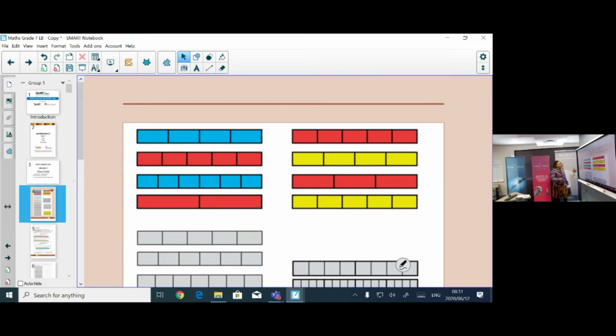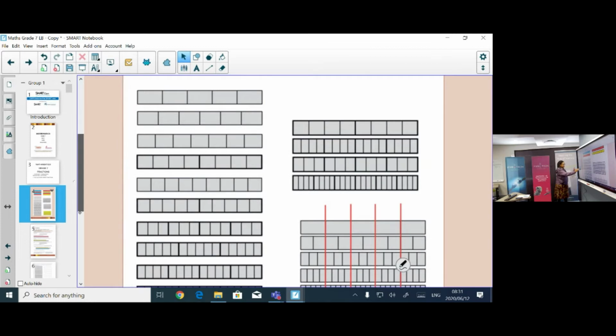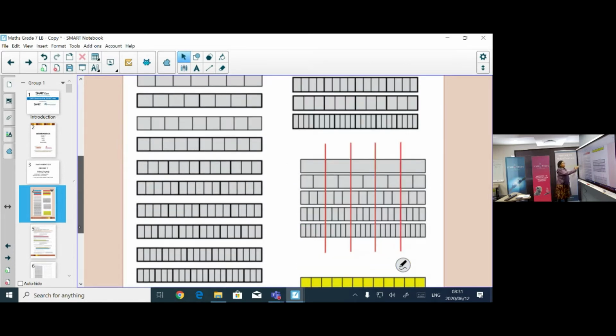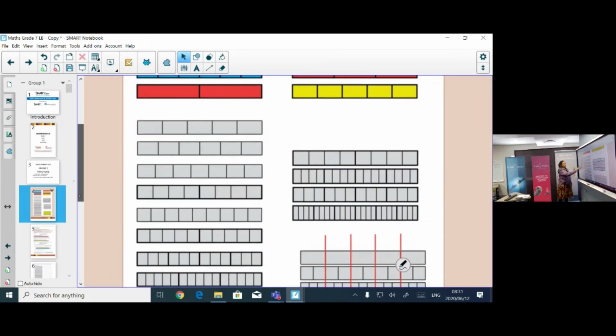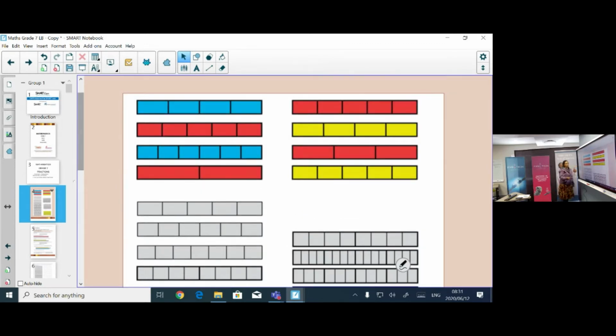If you go back to Grade 6, you'll see that you already know what fractions are. We're just building on the concept that you were already introduced to.